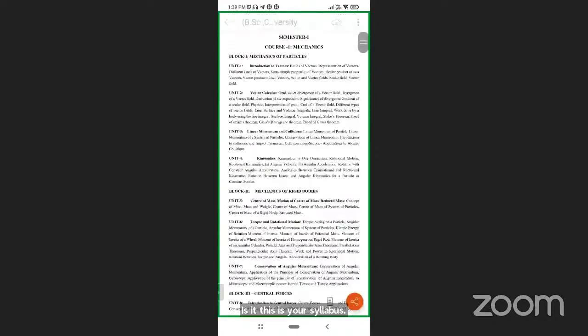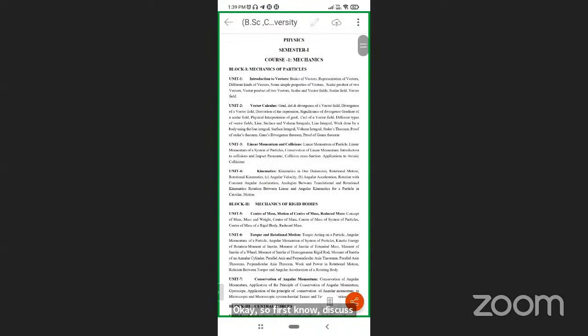So now we are discussing mechanics of a particle. Introduction of vectors: basics of vectors and representation of vectors, definition, kinds of vectors, some simple properties of vectors, scalar product of 2 vectors, vector product of 2 vectors, scalar and vector fields.